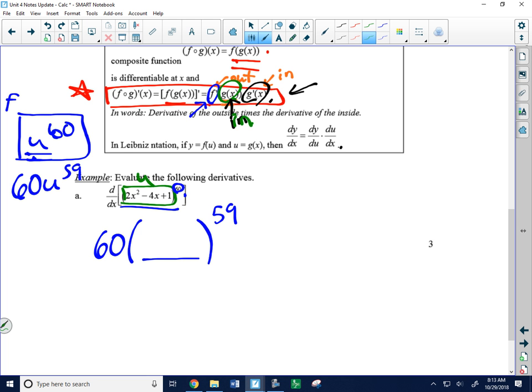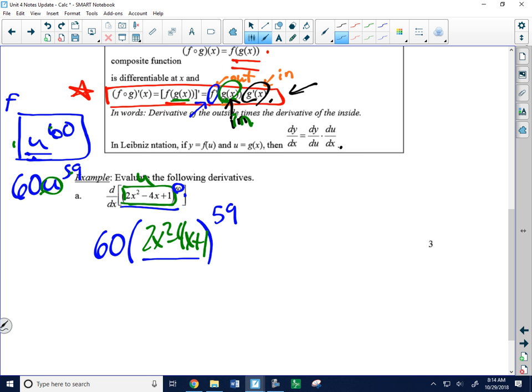I don't want to say g, but g is really the u, the inside part. So I do 60 u to the 59. Well, I don't write u. I write what the original inside was. You see how the g hasn't changed? Still g there. So the inside, my g, my u, is 2x squared minus 4x plus 1.